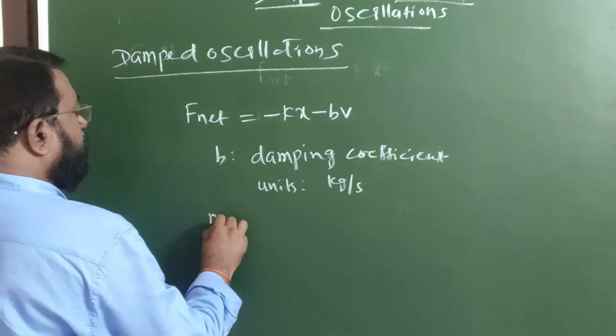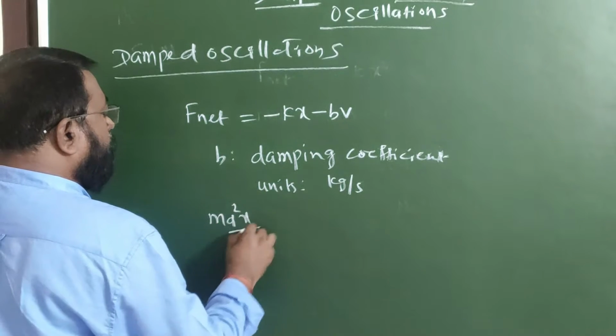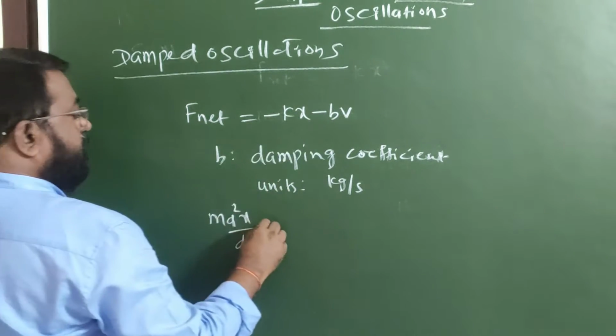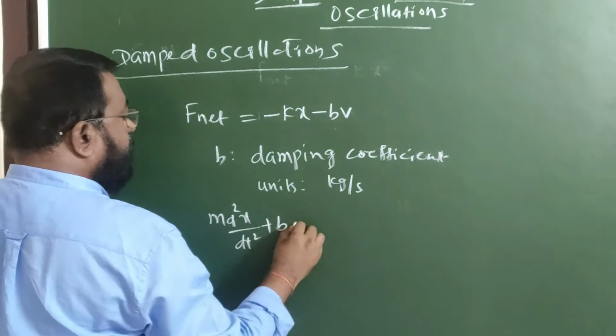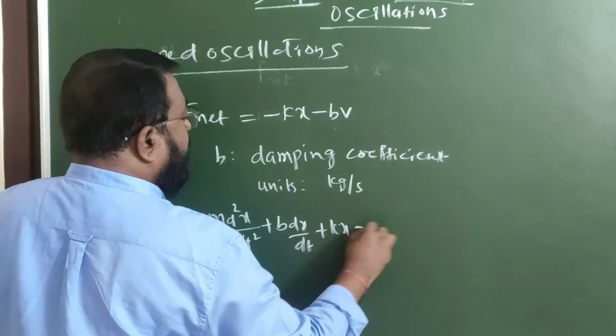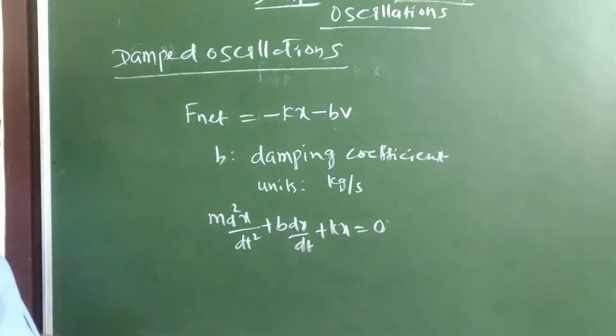In this case, m d squared x by dt squared plus b v, meaning dx by dt, plus kx is equal to 0.